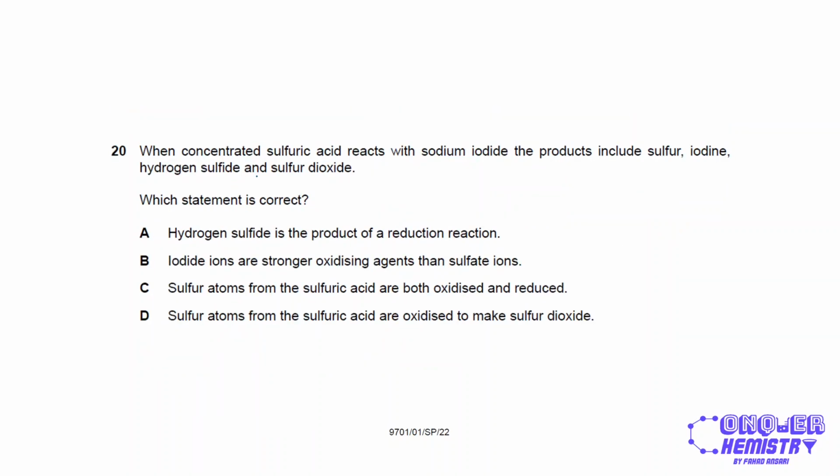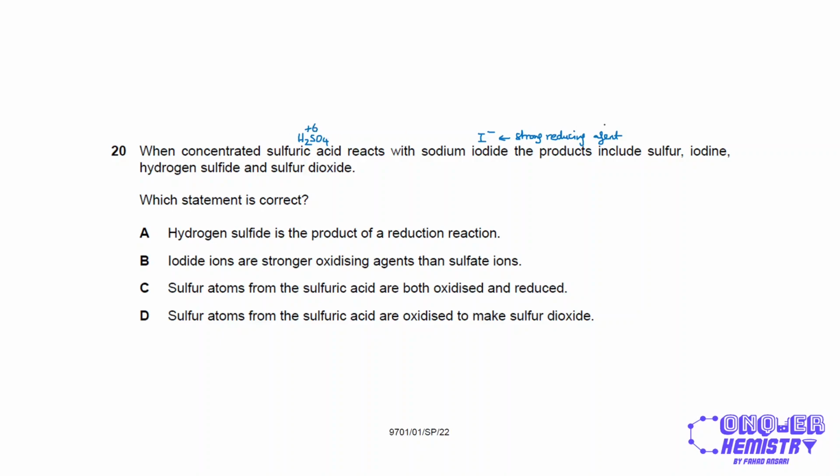So when concentrated sulfuric acid reacts with sodium iodide, the products include sulfur, iodine, hydrogen sulfide, and sulfur dioxide. Which statement is correct? Now over here, iodide ions are a strong reducing agent, right? What will happen is that the sulfur in the sulfuric acid, H2SO4, has an oxidation state of +6.